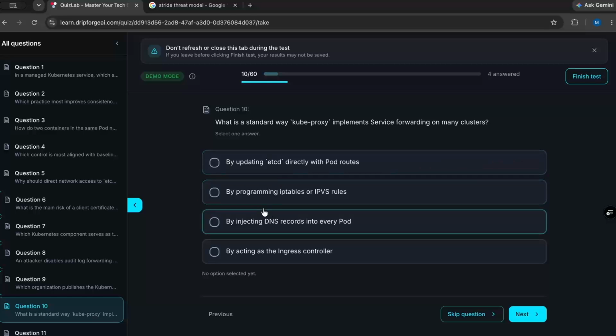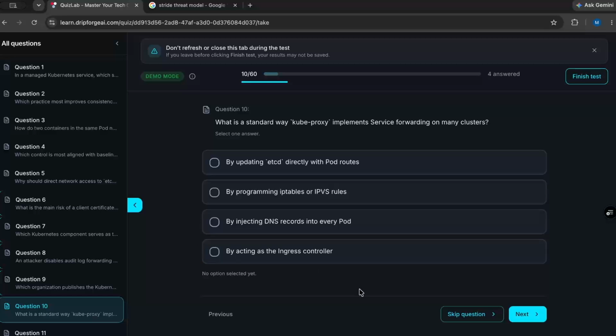No. 2, by programming IP tables or IPVS rules. This is good, and I'll show you why. It's not about this being good, but you need to know the why. 3, by injecting DNS records into every pod. This is too complicated. Why would you do that? 4, by injecting an ingress controller.